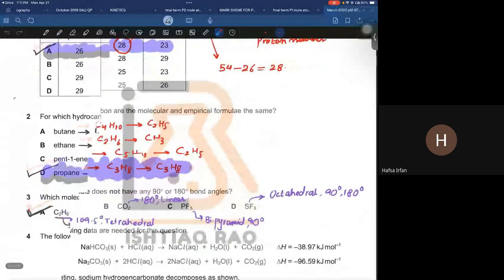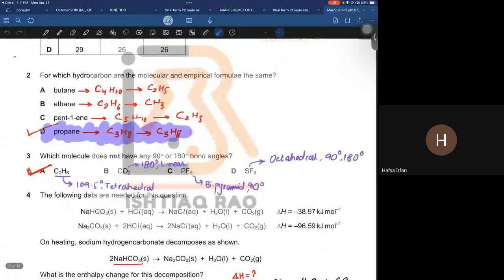Okay. Which molecule does not have any 90-degree or 180-degree bond angle? If you check C2H6, I told you when we were discussing electron pair repulsion theory, you are supposed to calculate the lone pairs and bond pairs.